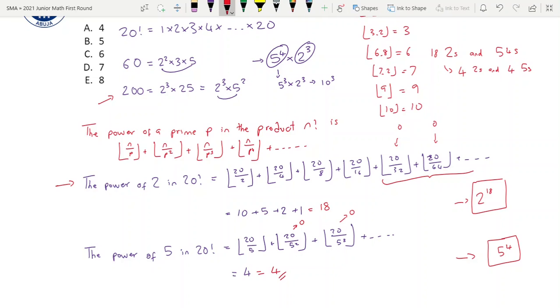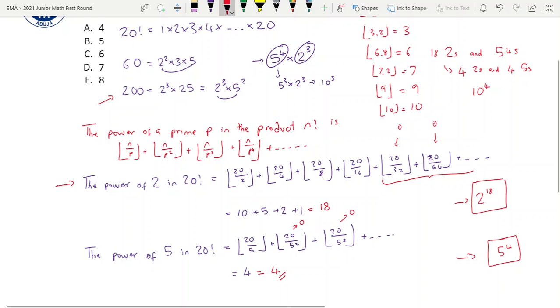And when they multiply each other, we'll have 10 raised to the power 4 at the end. So since we're going to have 4 twos and 4 fives multiplying each other in the prime factorization of 20 factorial, we can conclude that this number is going to have 4 zeros at the end of it.